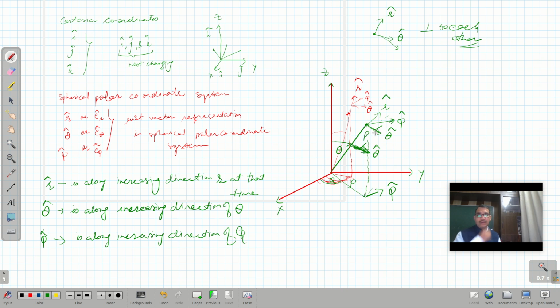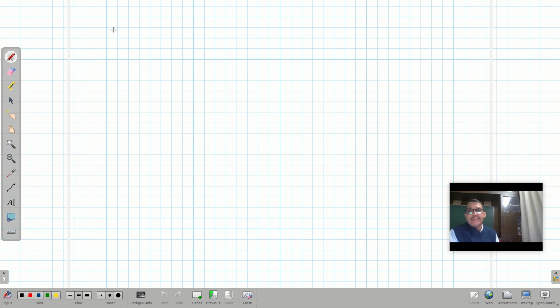Right? Now another thing we have to do is to represent r cap, theta cap and phi cap in terms of i cap, j cap and k cap. So let us go to it.